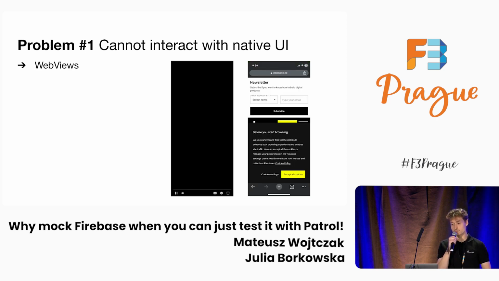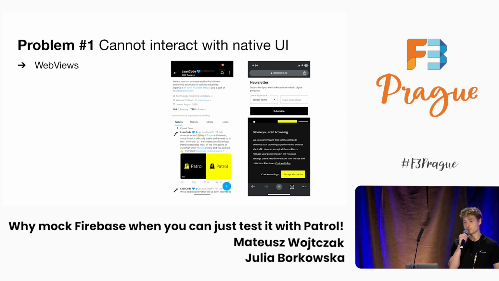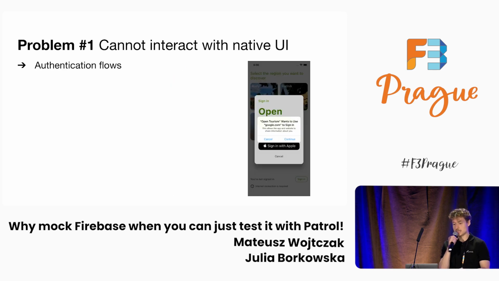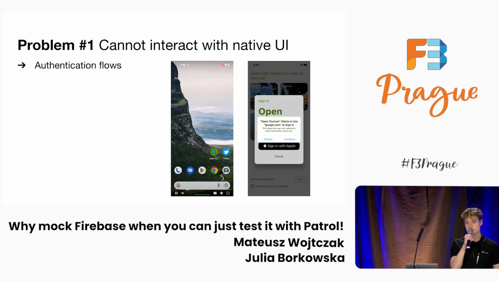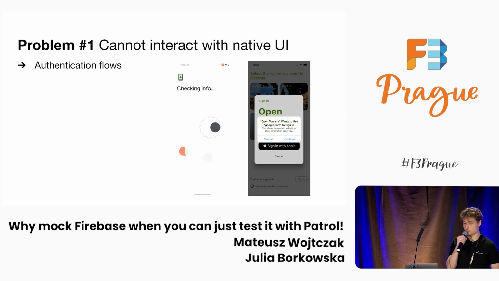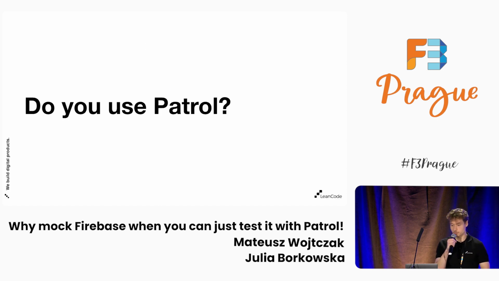But there is also more native stuff that you probably have in your apps, for example, web views, maybe with some authentication flow, maybe some real authentication flows with some third-party native SDKs, such as sign in with Google, sign in with Apple, sign in with Facebook. Also some payment SDKs like PayPal, Stripe, that are all native views, and you can't test end-to-end your business process because you can't pass in a real integration way through the native views.